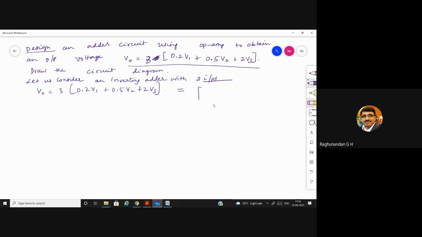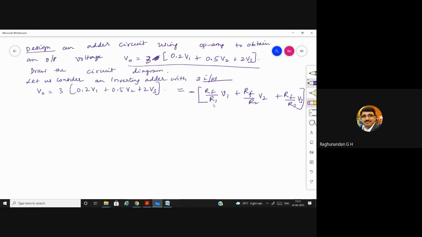So it will be minus RF by R1 into V1, RF by R2 into V2 plus RF by R3 into V3. Okay. Now, here you are having minus, but here you are having plus.